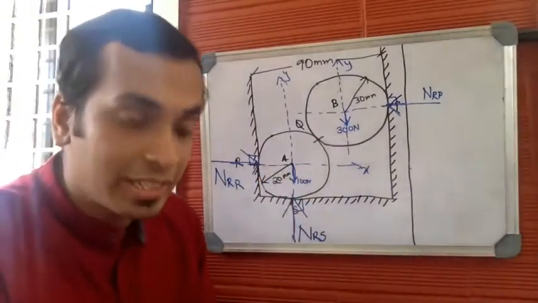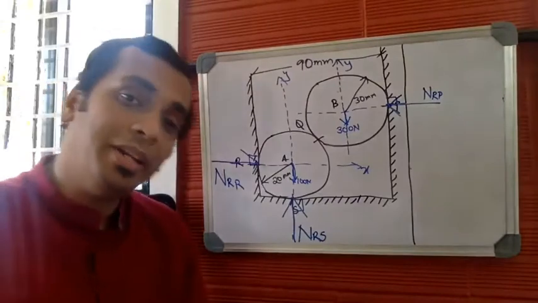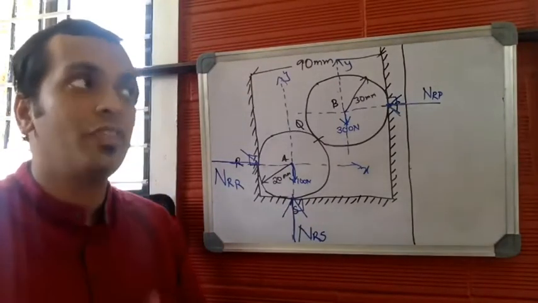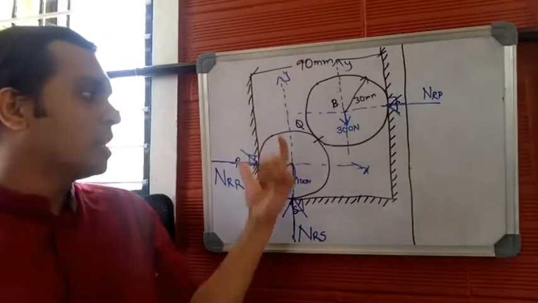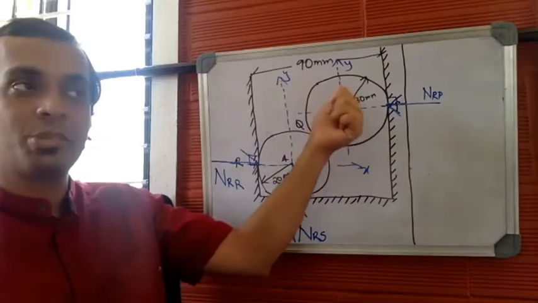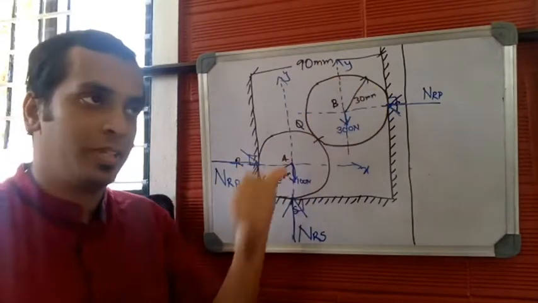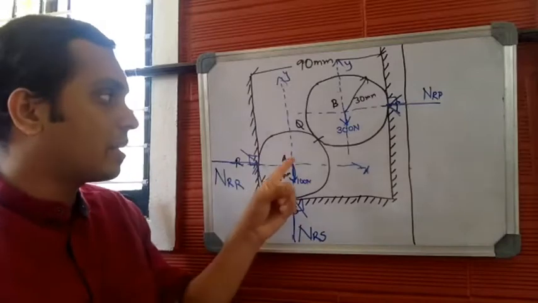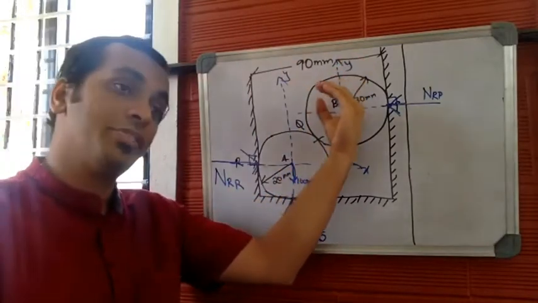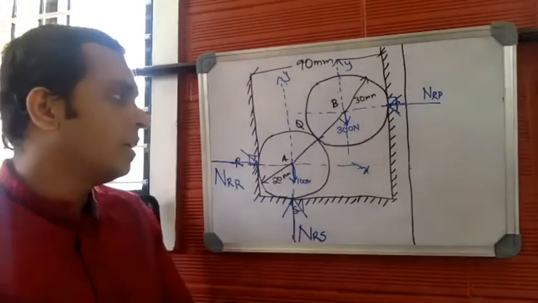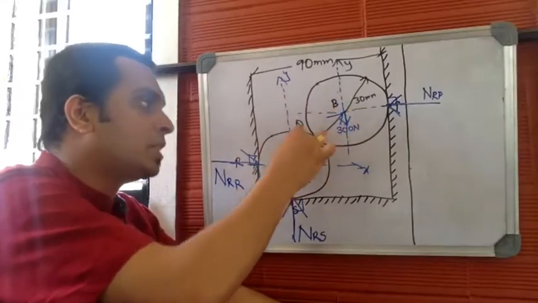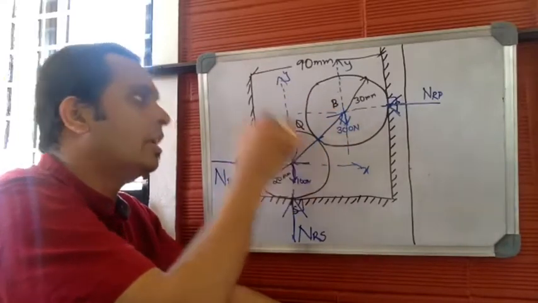Now, as we discussed in the previous problem, if two bodies are in contact with each other, both the bodies will offer normal reaction on one another. So the lower sphere will offer a reaction towards the center of the upper sphere, and the upper sphere will offer a reaction towards the center of the lower sphere.